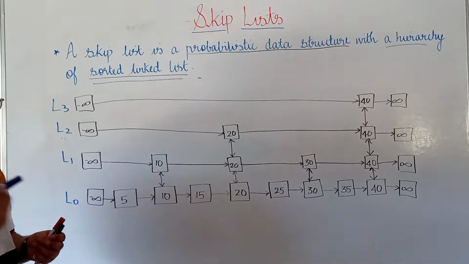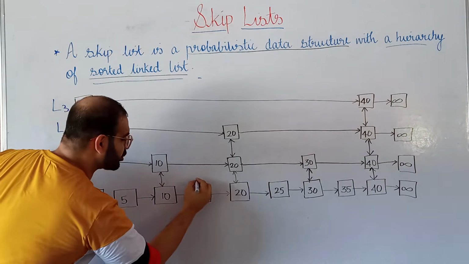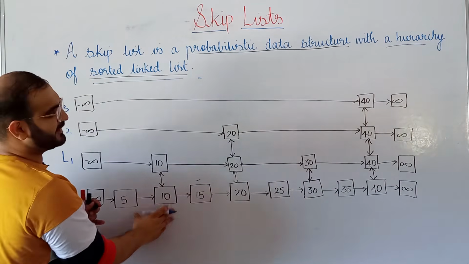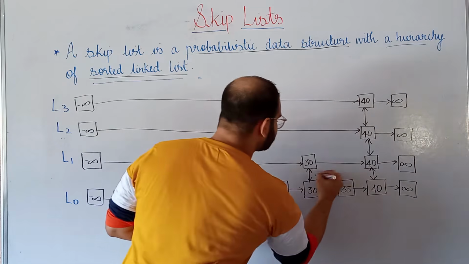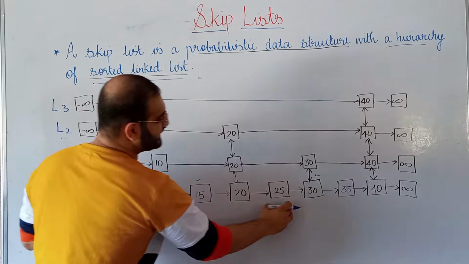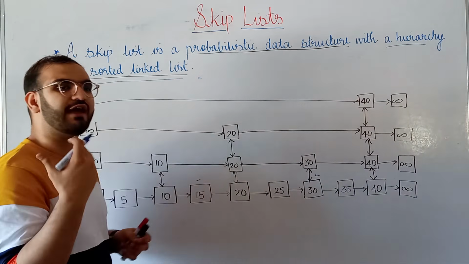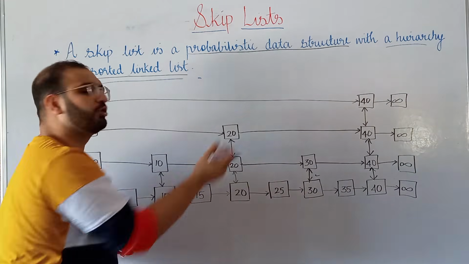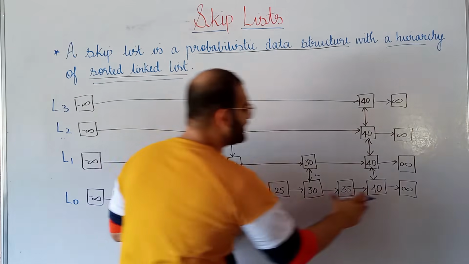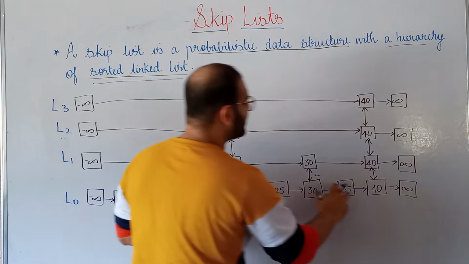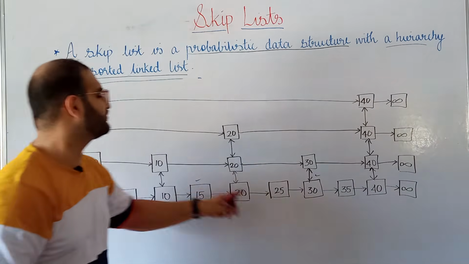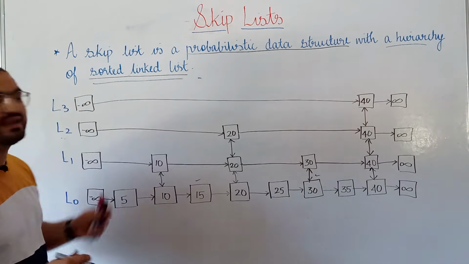Like suppose if we would have said that we would actually be copying 15 to L1 and leaving out 5 and 10, and then we would be copying 30 by leaving out 20 and 25. So here we would have actually left out two nodes and then copied the third node to the top linked list, right? And then we would be leaving out 35 and 40, so only two nodes in that case, 15 and 30, would have been in L1.